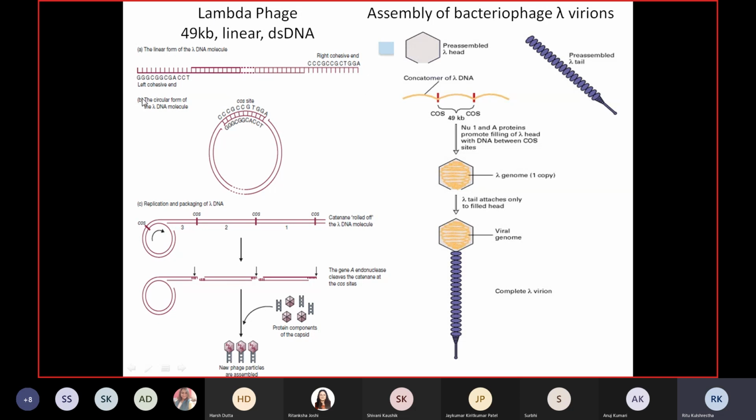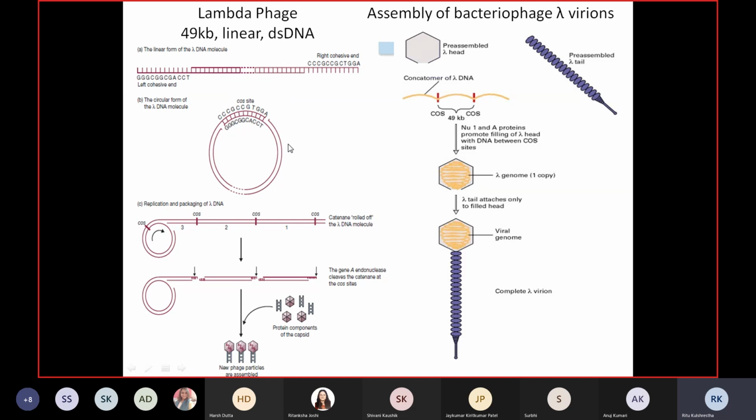At the ends of it, we see single strand stretches of around 12 bases each, and these two are complementary to each other. Because they are complementary, they come together and form cohesive sites. So they are also called cohesive sites, and they can pair with each other and make a circular molecule. This is a general scheme for lambda phage DNA.